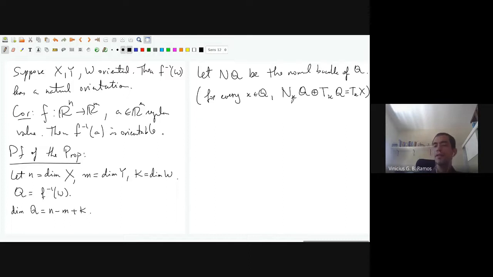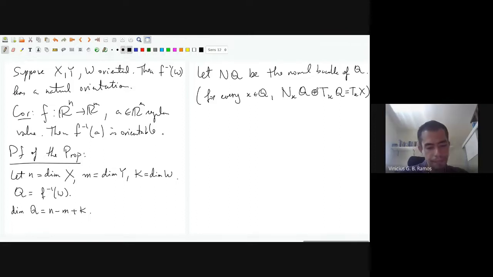So the normal bundle is a complementary subspace to the tangent space. It doesn't really have to be normal for what I'm saying, it doesn't have to come from a Riemannian metric, it just has to be complementary. But the easiest way to choose a complementary bundle is by looking at the normal bundle.